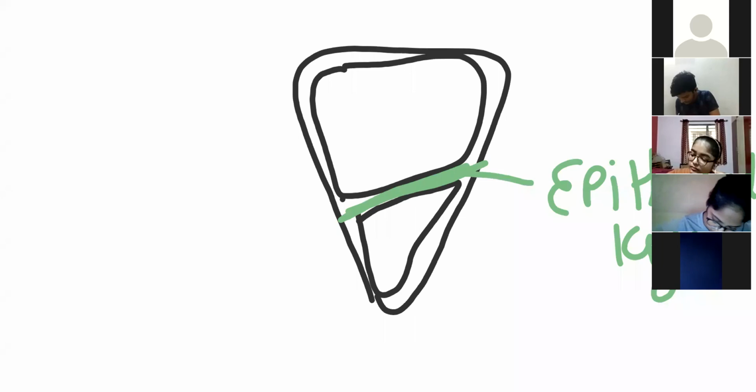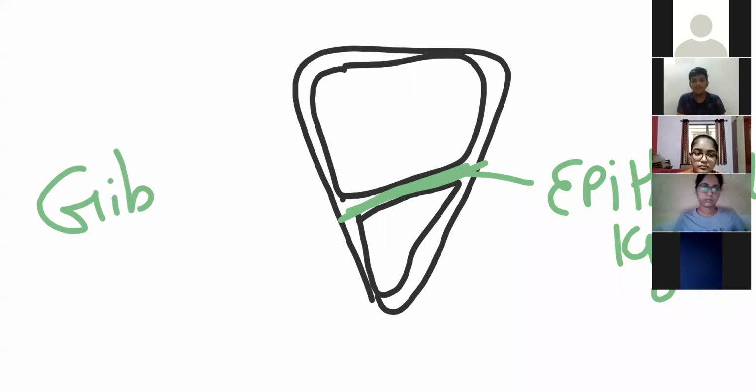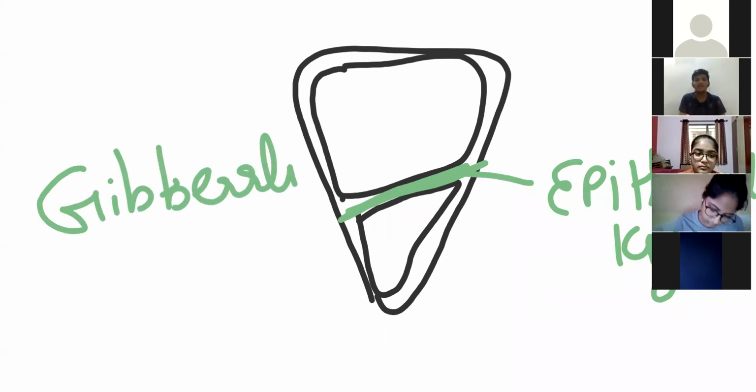This membrane separates both. Now understand first and then note down. This epithelial layer helps in secretion of gibberellin. Gibberellin is a plant growth promoter, like auxin, gibberellin, cytokinin.